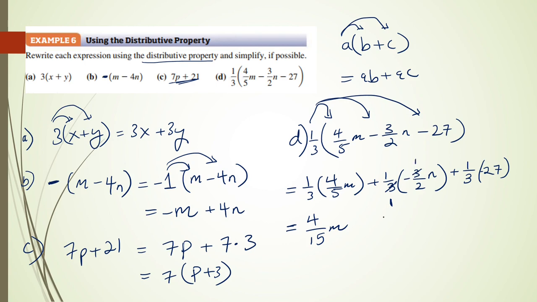Multiplying it all together, I get negative 1/2 n. And the 1/3 times 27, I can put a 1 underneath. Reduce this to a 1. Reduce this to a negative 9. And so it simplifies to 4/15 m minus 1/2 n minus 9.